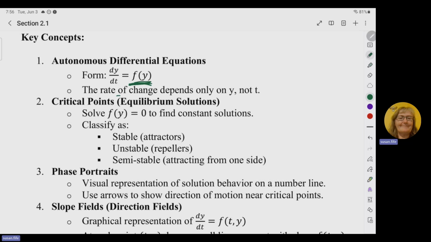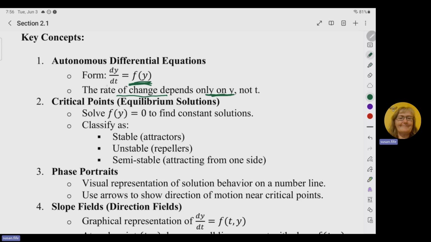That means that the rate of change depends only on the y term, only on the dependent variable, not on the independent variable. It'll make it easy to solve for us as an introduction to differential equations. It'll give us an equation, a lot of times a quadratic equation that we could solve.